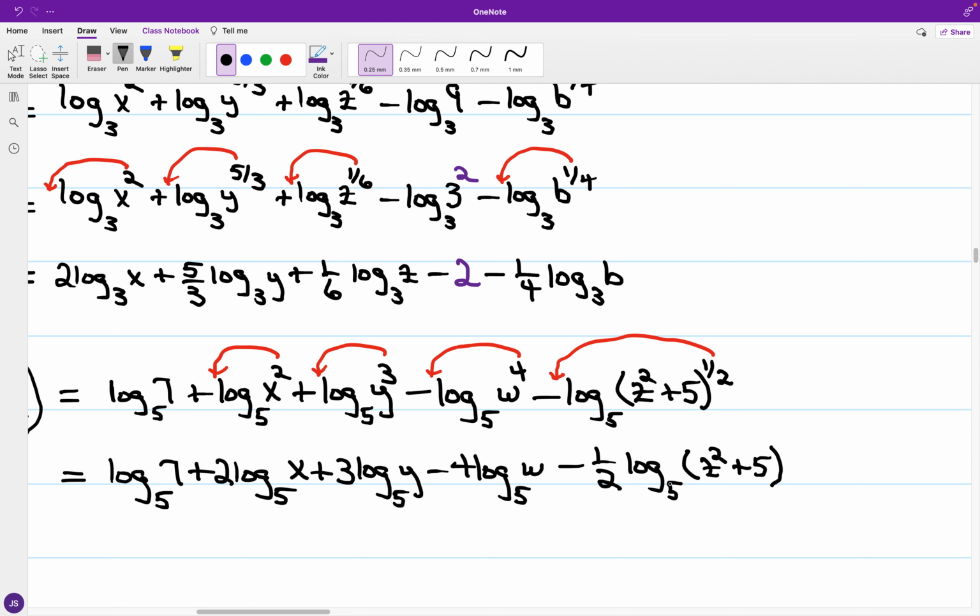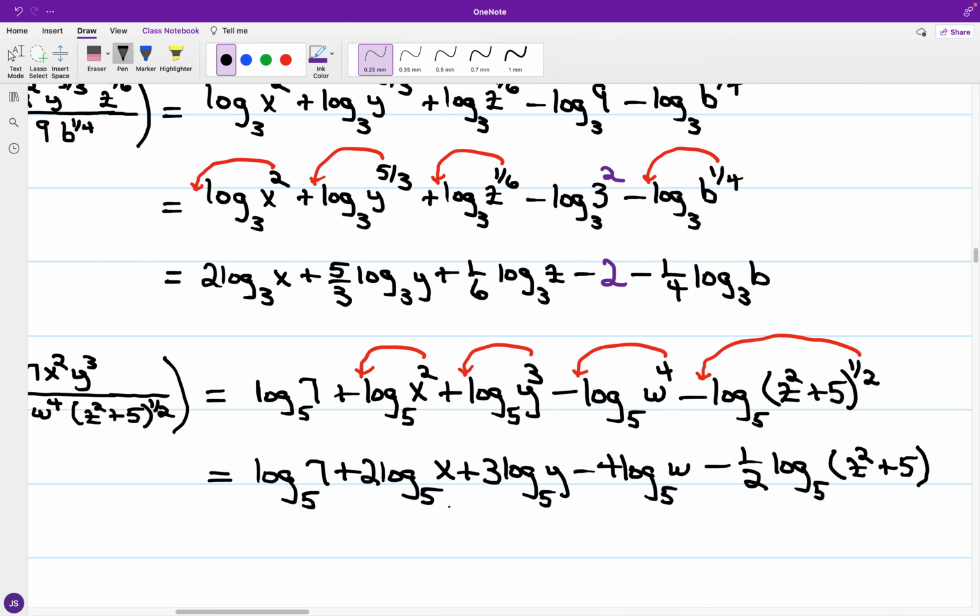If I had just the base 5 logarithm of z squared and nothing added or subtracted from it, then the 2 would have been reconfigured. But with z squared plus 5, that is already baked in. Nothing further I can do with the square of z. So that is going to stay in the argument.